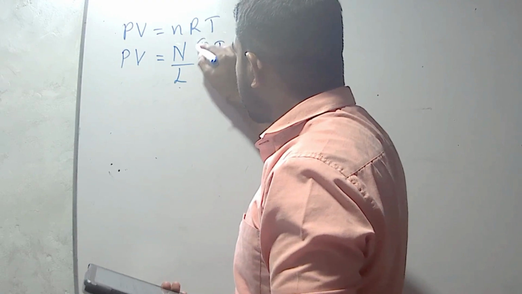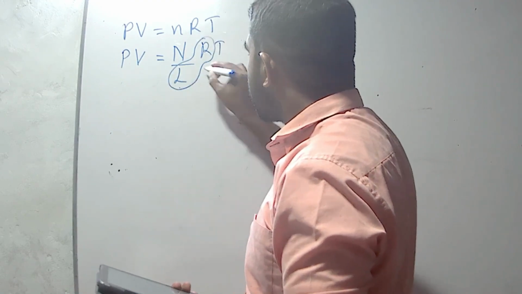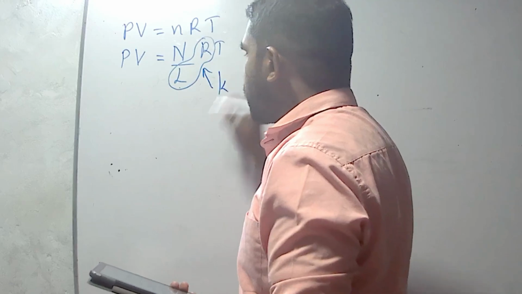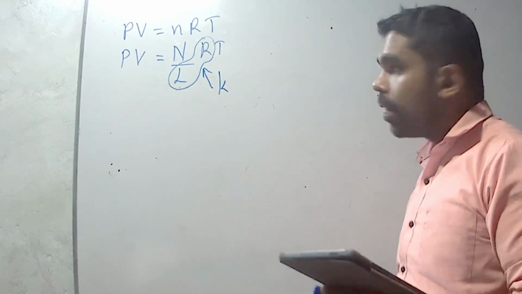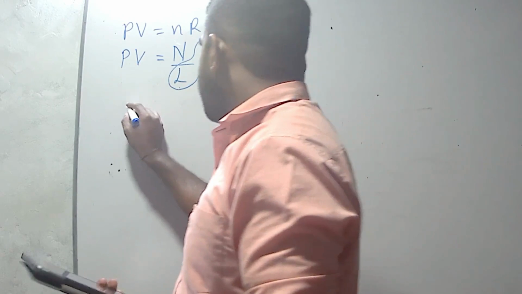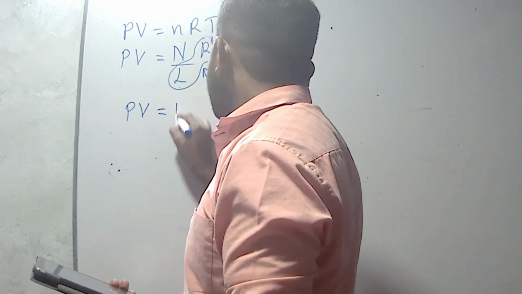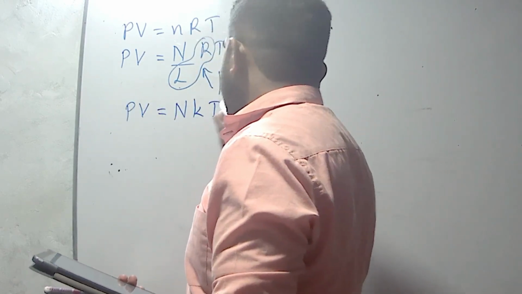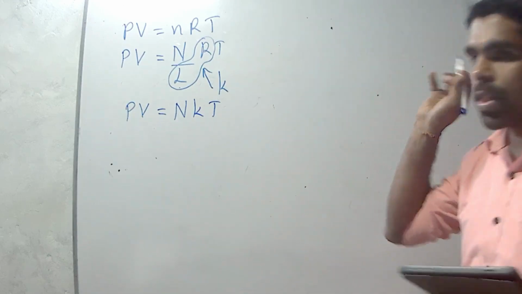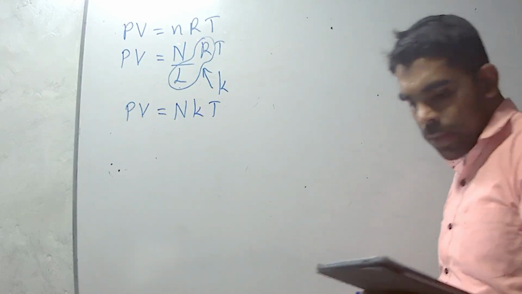Now we know that R over N_A is the Boltzmann constant, it is k. Then we can write PV equals NkT, where k means Boltzmann constant. Now I will substitute values.